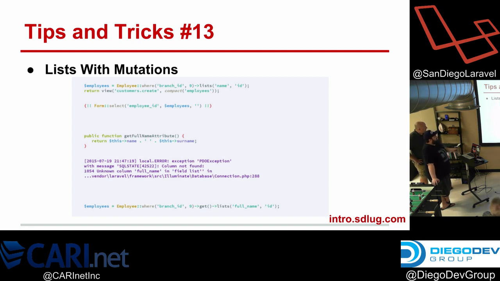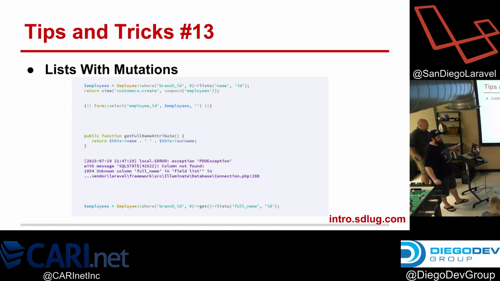However, when you say lists full name and ID, you're going to get an error that says there's no full name column. So the simple solution to this is to get the record first and then call the lists method instead of the pluck or lists method, and this will return mutated values instead of column values.